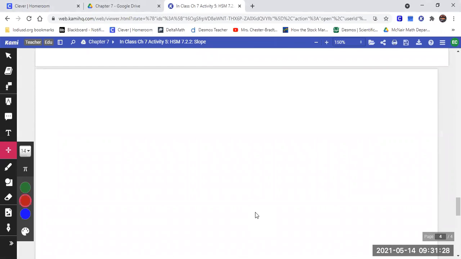So who can tell me the line A's 2 points? What were the 2 points for line A? So say line A and give me the 2 points, and then say line B and give me the 2 points.